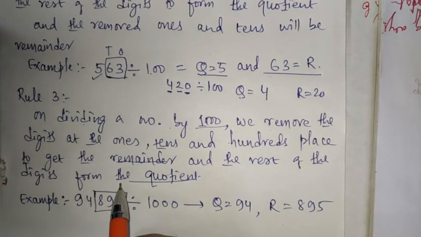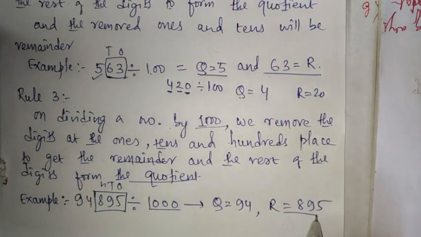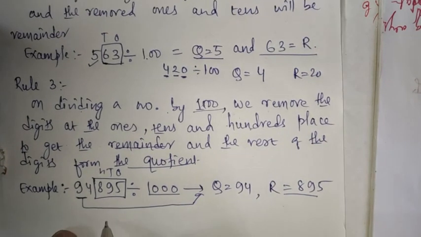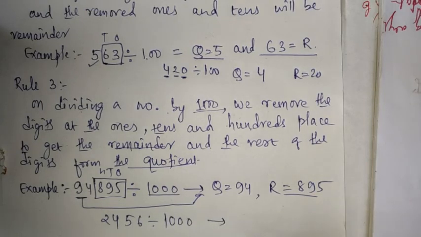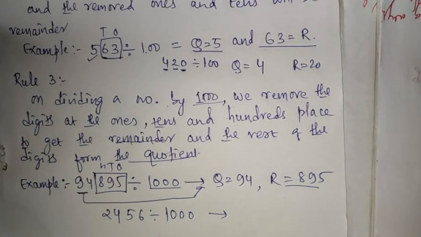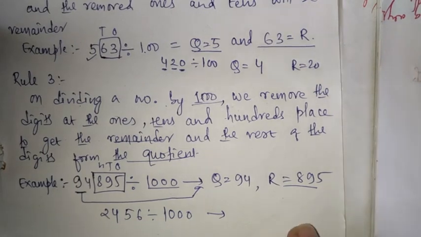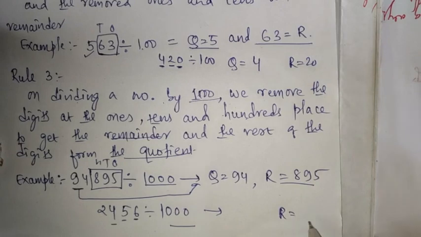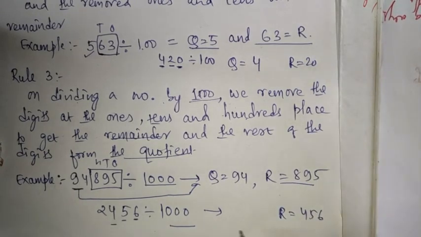Just see the example here: the ones, tens and hundreds places are removed, that became your remainder, and whatever is left out, 94, became your quotient. Similarly, see the next question, 2456. If you don't want to divide directly, you want to use the rules. If you have proper knowledge of the rules, rule number 3 says the ones, tens and hundreds places are removed when dividing by 1000, so 456 will become the remainder, and the quotient will become 2.